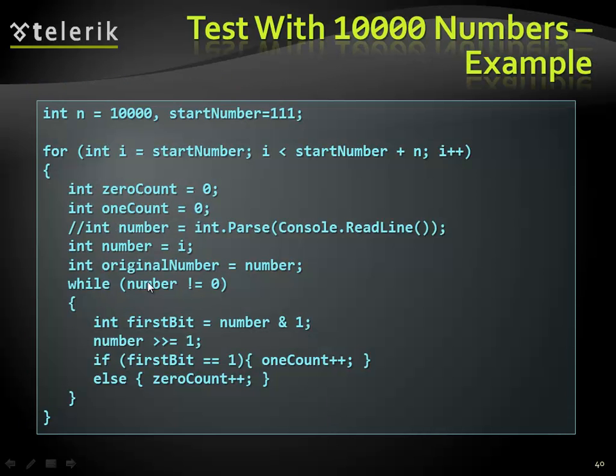So here's an example of running the algorithm with 10,000 numbers. Of course, we're not going to parse it from the console every time, but that could run quite fast, and like I said in one of the other lessons, I support programming laziness.